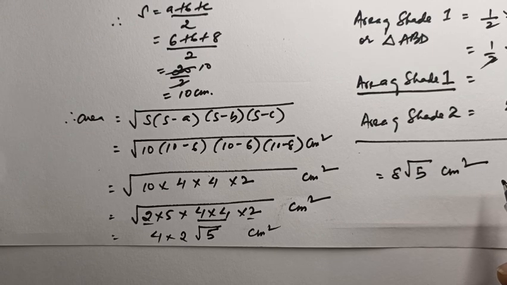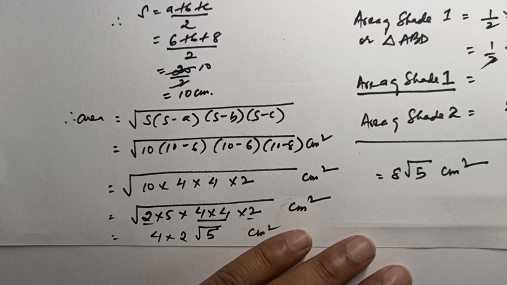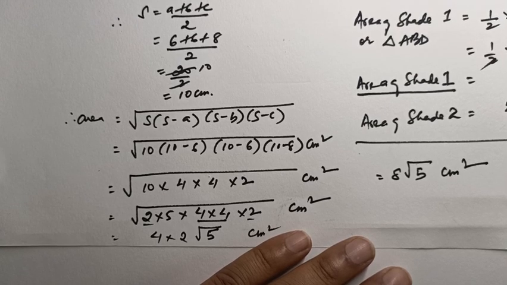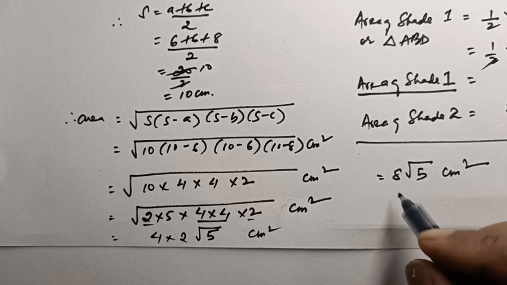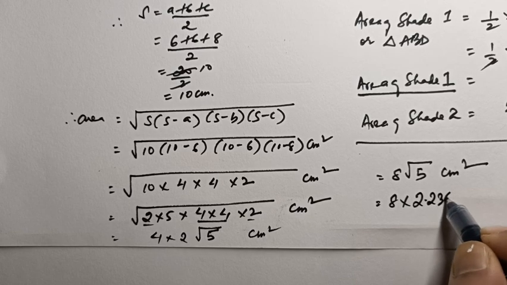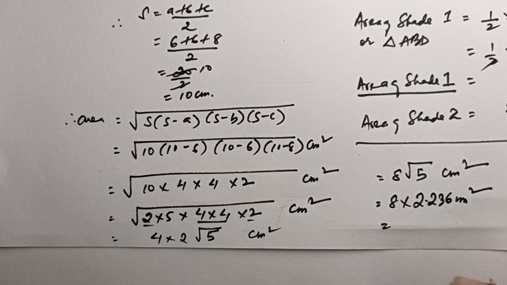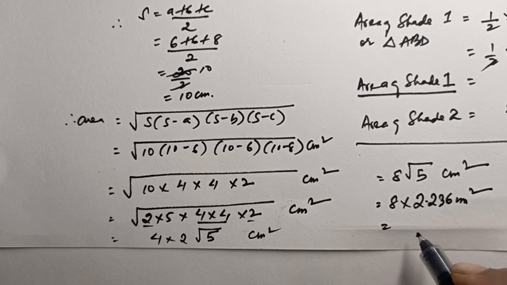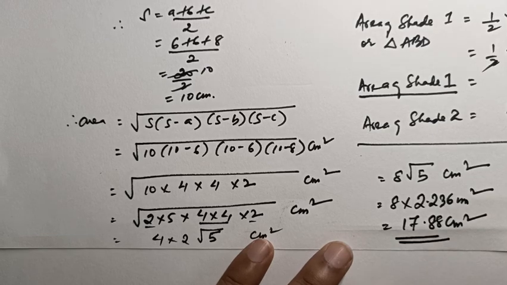If you get the value of root 5, which is around 2.236, then 8 into 2.236, you will get around 17.88 centimeter square. So this would be the area of shade 3.